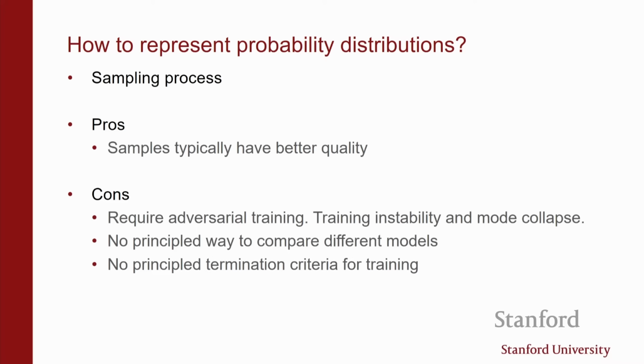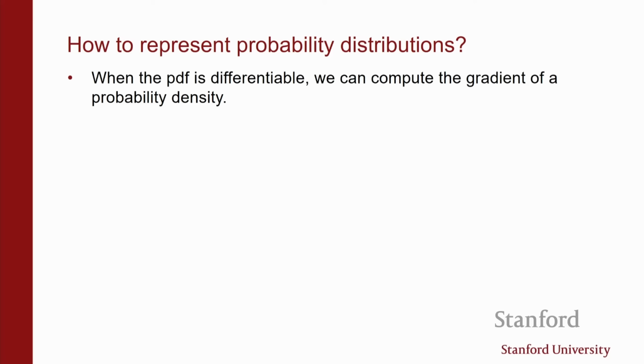So what we're going to talk about today is a different way of representing probability distributions, probability densities, that deals with the score. That's what these models are going to be. They're called score-based generative models, and this is only applicable to probability density functions, so continuous random variables.